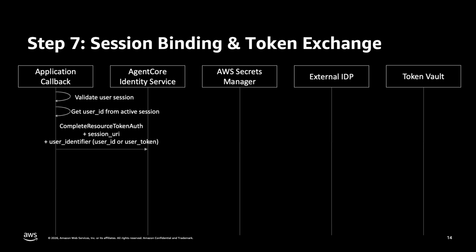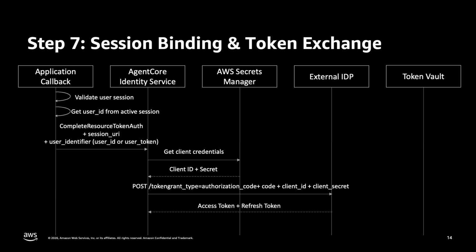Your application callback receives a redirect with the session URI. Your app validates the user session and calls complete resource token auth with the session URI and the user identifier. Why this call? It's a signal to AgentCore that your app has verified the user. Without it, AgentCore won't exchange the code for tokens.